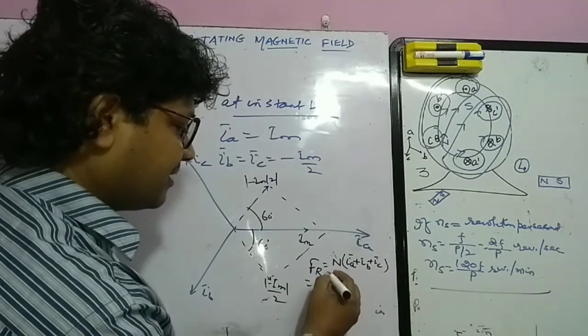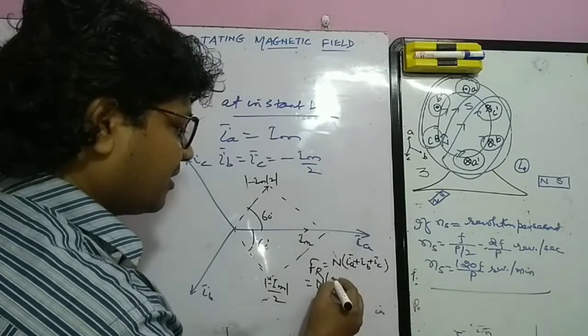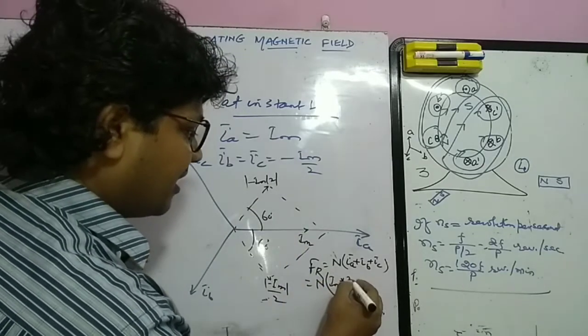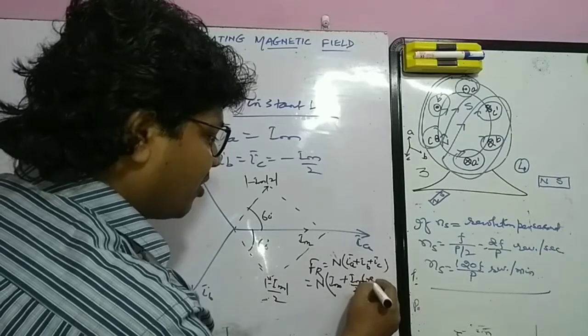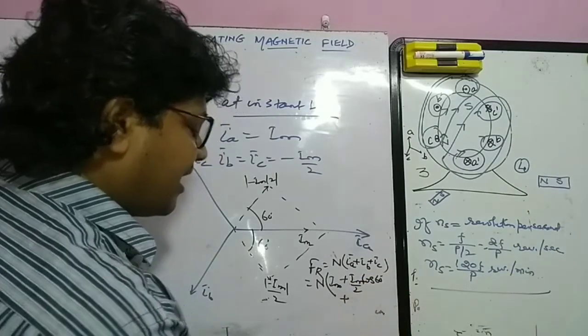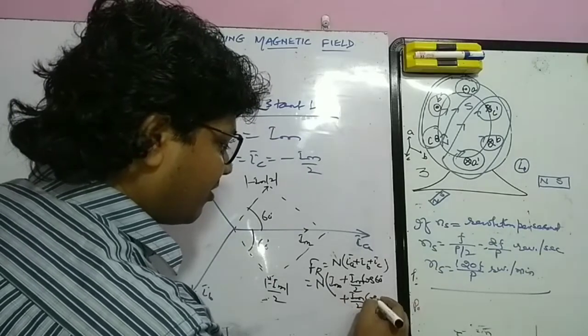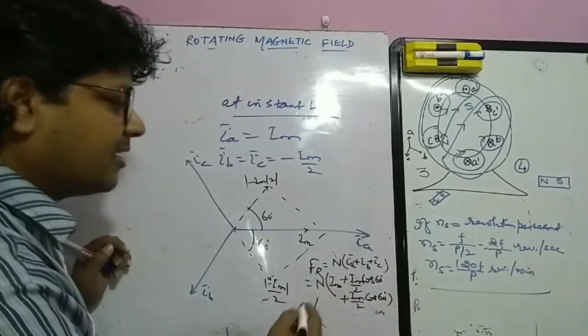So n is, and this is Ia. Ia is Im. Ib is plus Im by 2 cos 60 degree, and this is plus Im by 2 cos 60 degree. So what we are getting here?